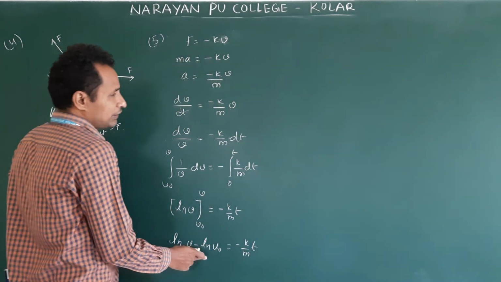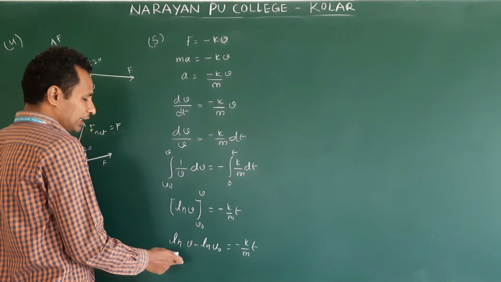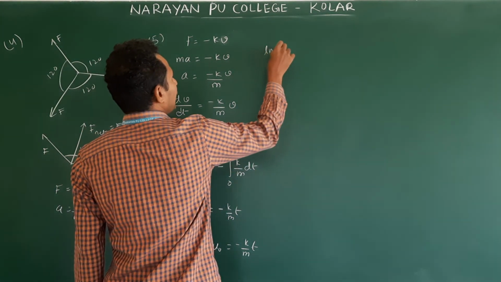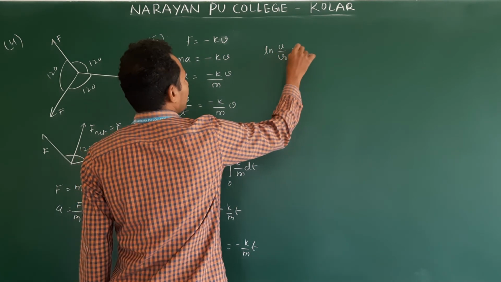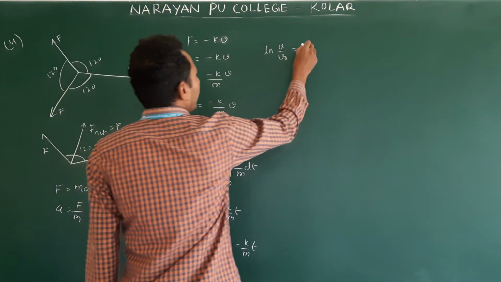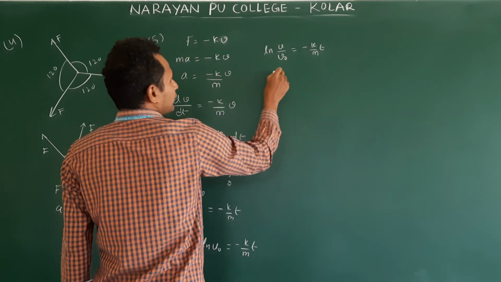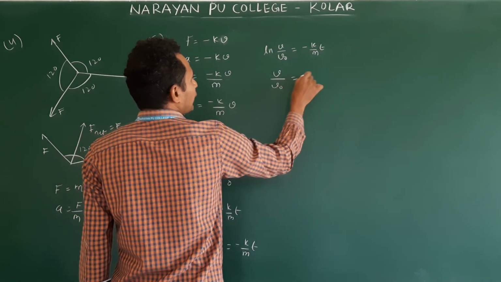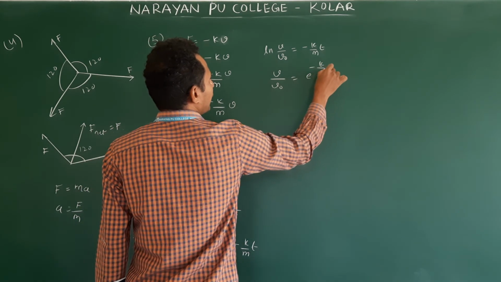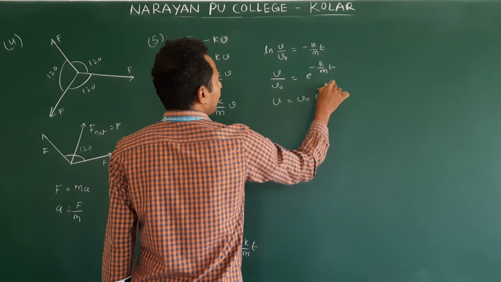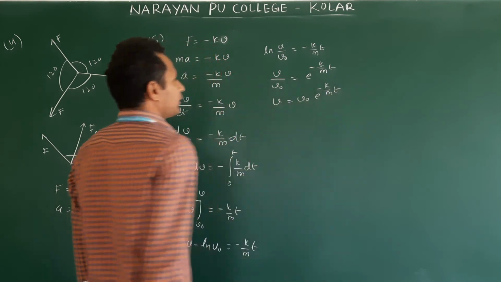From the ln formula, ln a − ln b is ln(a/b). So ln(v/v0) = −(k/m)t. If we remove ln, this becomes e to the power −(k/m)t. So v = v0 e^(−kt/m).